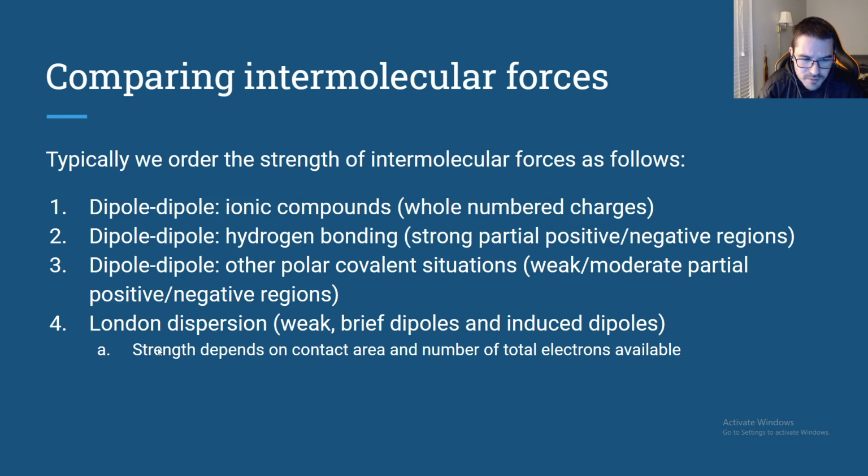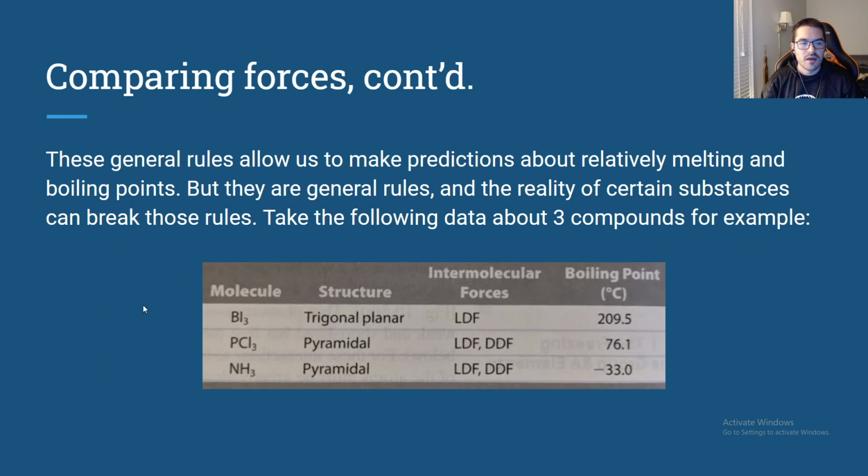And then lastly, you get to those London dispersion forces. These are those weak, brief dipoles and induced dipoles. The strength of these dispersion forces depends on the contact area and the number of total electrons available. These tend to be your weakest intermolecular forces. Those general rules allow us to make predictions about relative melting and boiling points.